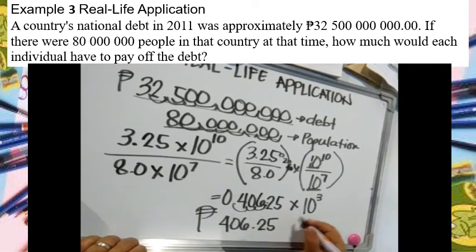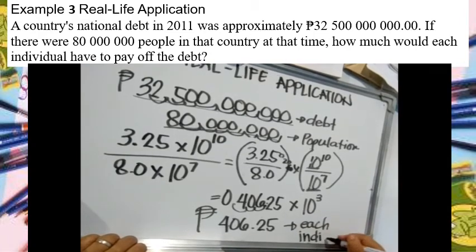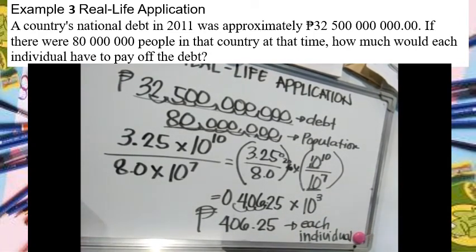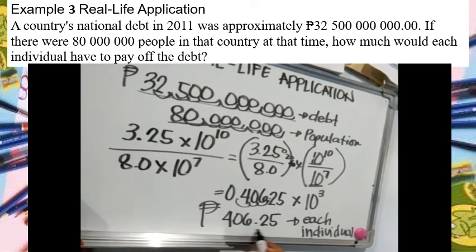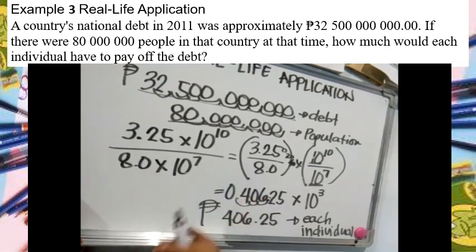Okay? So, therefore, each individual in that country will pay 406.25 pesos para sa ilahang utang.